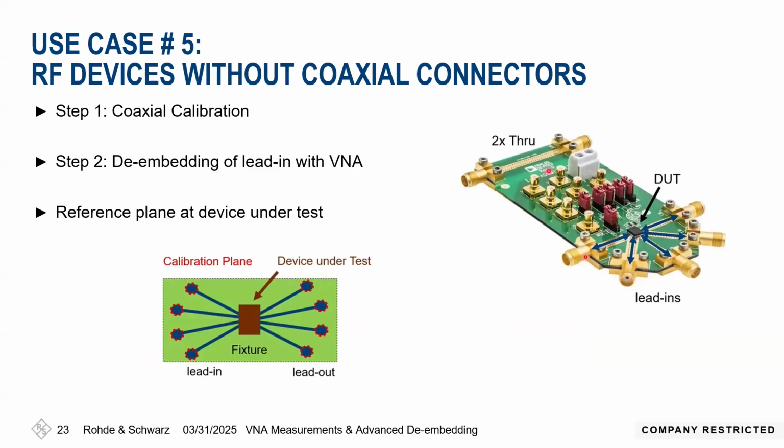So then we measure this 2x-thru, which is on the board. And by measuring this 2x-thru, these lead-in and lead-out structures will be de-embedded, and the device under test would be measured. So these are a few possible cases commonly seen, and with these cases, the de-embedding techniques could be utilized.